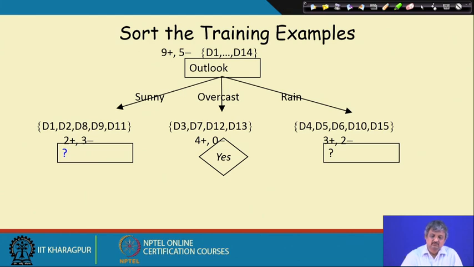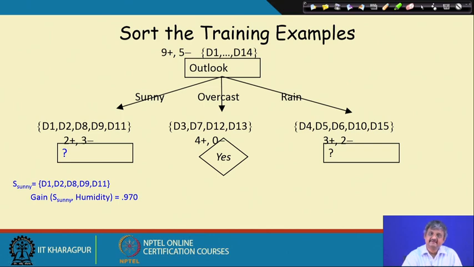Okay. So, outlook equal to sunny, I have these 5 examples, 2 of them are plus, 3 minus. You see overcast is pure, only plus class, so it is a leaf. Okay. So, this is my new S, these 5 examples. On this I recursively split again.